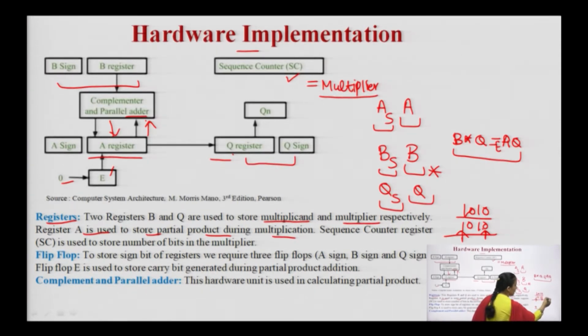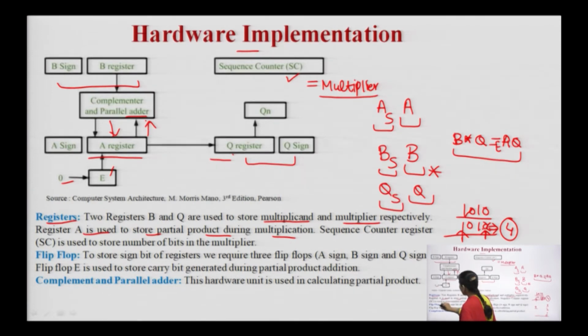So, a register count is taken that holds the number of bits present in the multiplier, that is equal to 4. After multiplying every bit of the multiplier with the multiplicand, it is decremented, and the same steps are repeated till my sequence counter reaches 0. Reaching 0 means the end of multiplication.